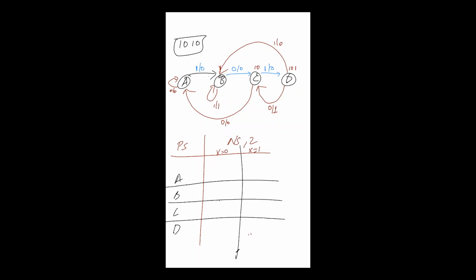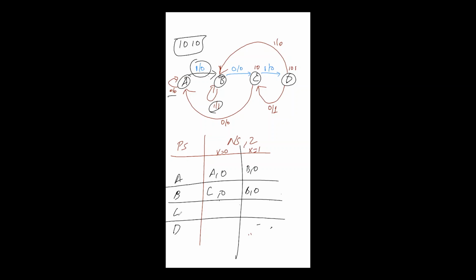If you are giving input 0, it is remaining at state A and output is 0. Giving input 1, you are moving to state B and output is 0. If you are at state B, and if you are giving input 0, you are moving to state C, output 0. If you are at state B and you are giving input 1, you are remaining at B, output is 0.